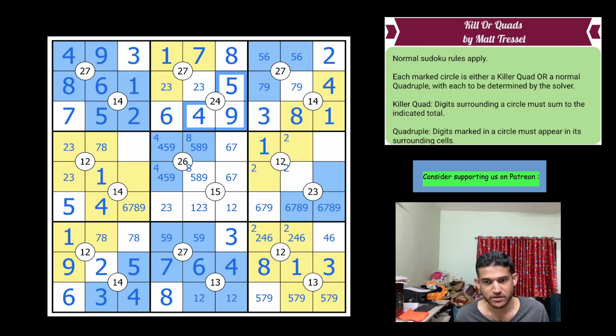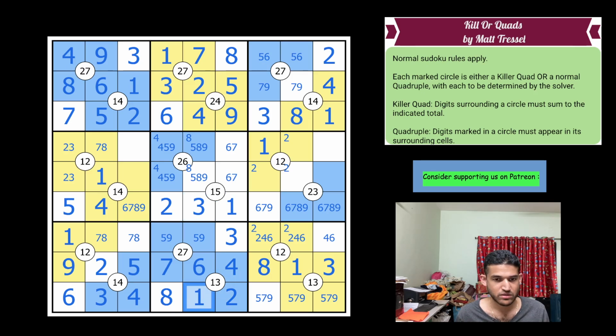So this is a quadruple. Let's make it yellow, which means I need 2 and 4 both in this area. So that is a 2, that is a 3. This is a 2, this is a 1, 3, 1 gives 2, 1. Fascinating stuff. 2, 4 gives a 6 here, which means this is a 2, 4.